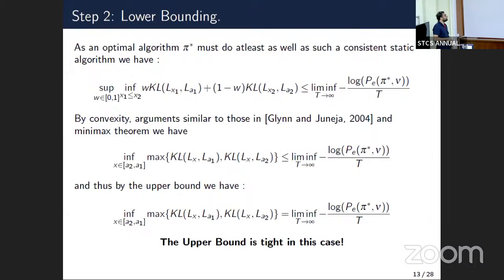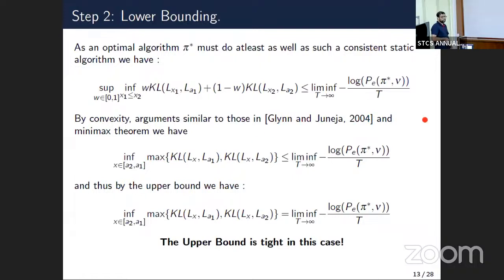Now, because W was arbitrary, you could now supremize over W. And because my optimal pi star algorithm must compete with even this static consistent algorithm, it must at least do better than this static algorithm in any instance. It is straightforward to see that you can restrict x1 and x2 to be a one-dimensional optimization, and that x is going to lie between a1 and a2.